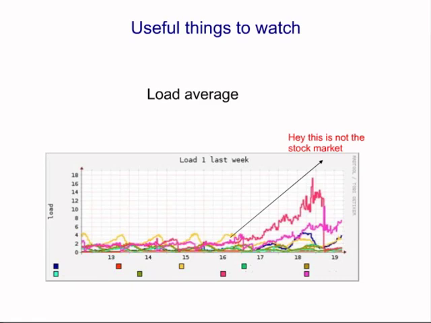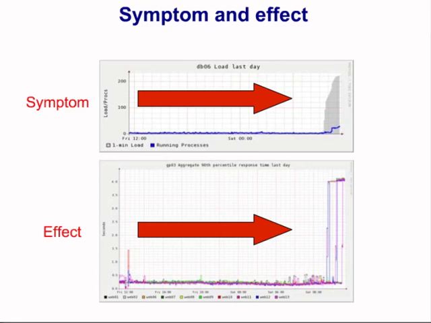It's hard to describe what it is, but when it's bad, it is bad. So I actually have an example here where our primary database server had something happen, and there were some spin locks that were activated, and the load shot up to about 200, which really affected our performance.